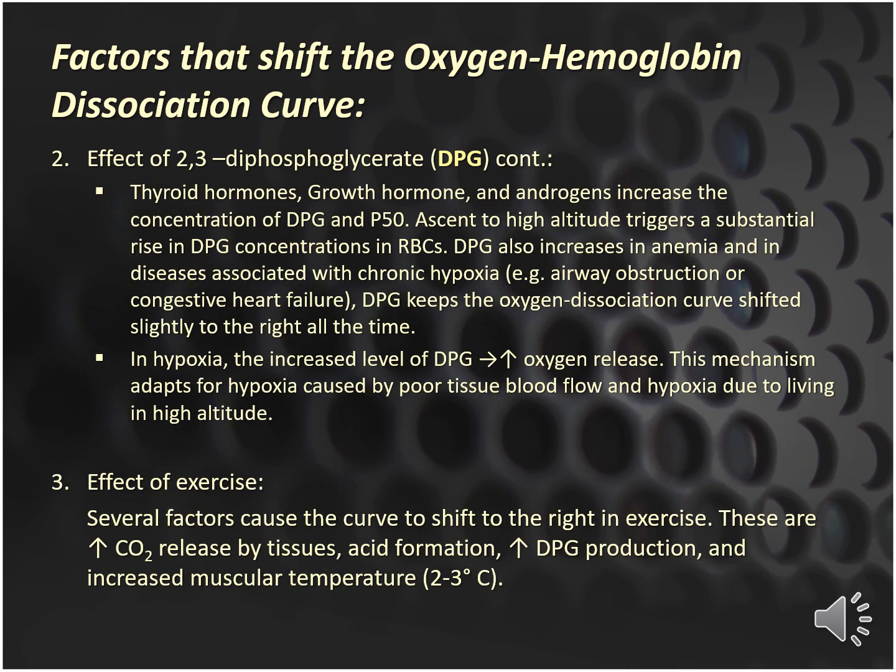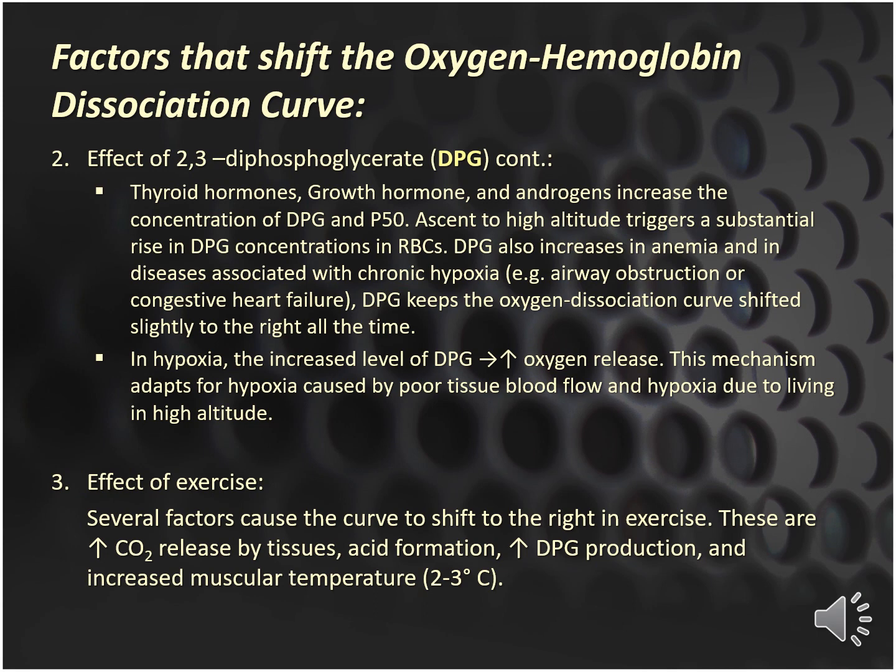This slide gives more information about more physiological and clinical cases where the role of 2,3-DPG has an importance. Thyroid hormones, growth hormones and androgens all increase the concentration of DPG and the P50, and make the hemoglobin afford more oxygen.